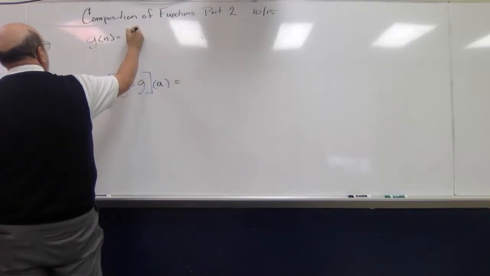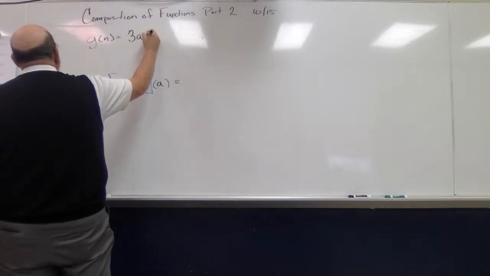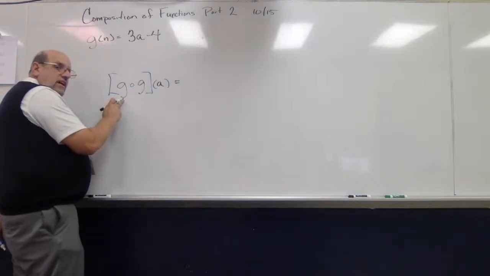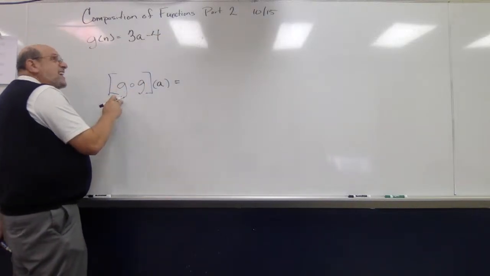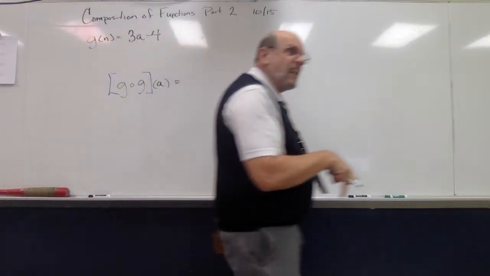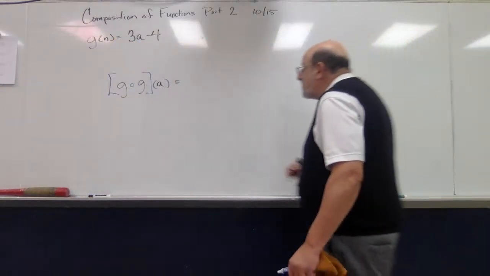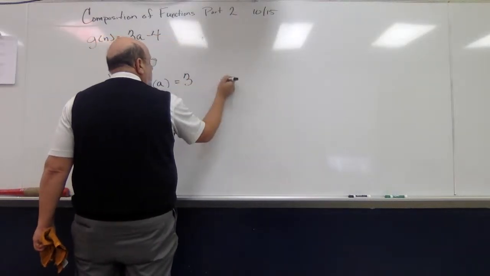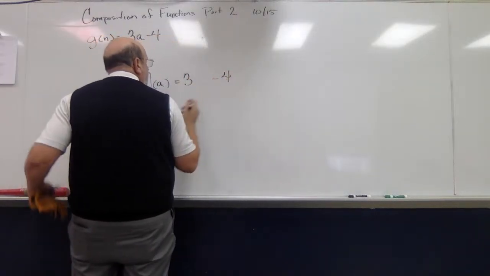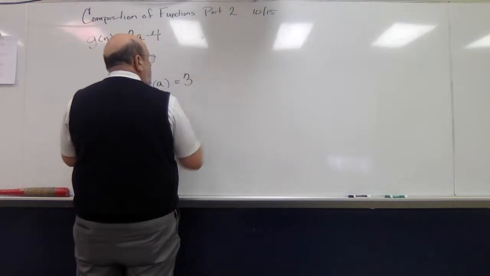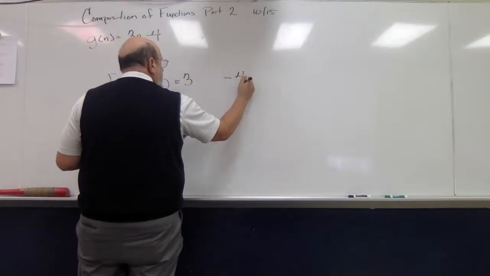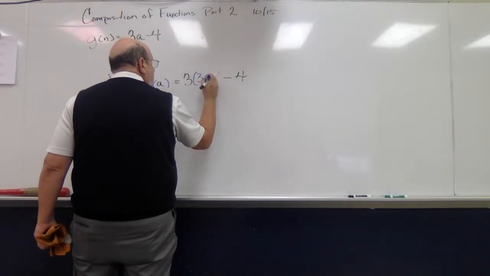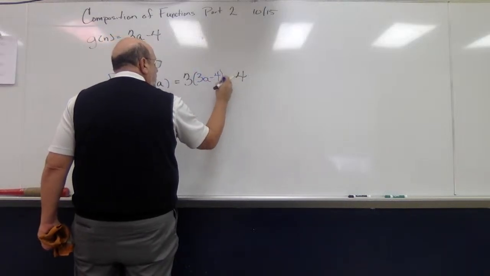So the function is 3a minus 4, and it says take g and then put another g inside for a. So it says take g, which is 3a minus 4, minus 4, and then put another 3a minus 4 in for a.